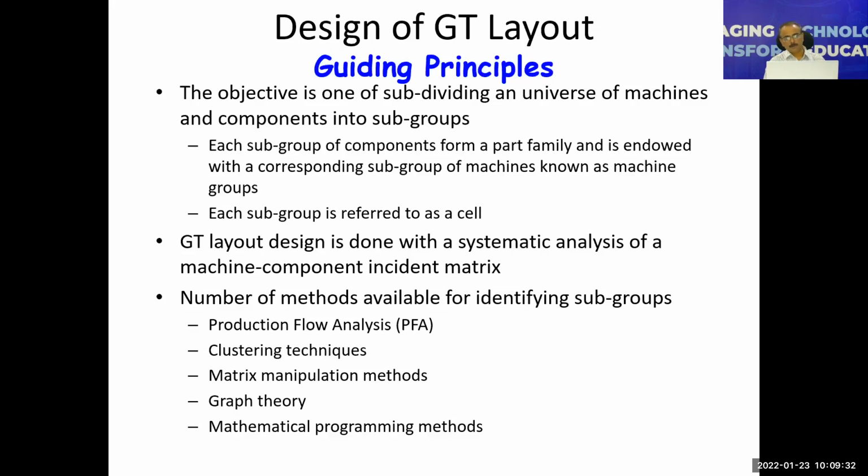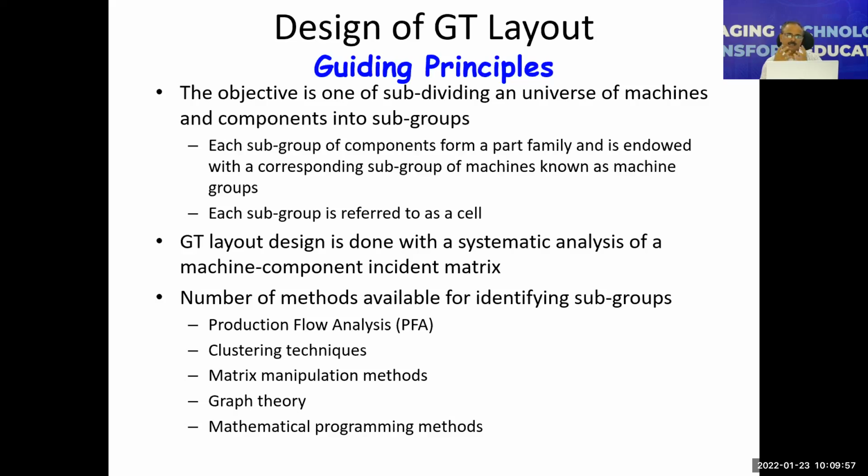Okay, so group technology is a situation wherein we can group the different machines based on the formation of part families. A part family is a concept which involves that whenever there is some kind of similarity, it may be similarity in terms of the shape, it may be similarity in terms of the processing activities.